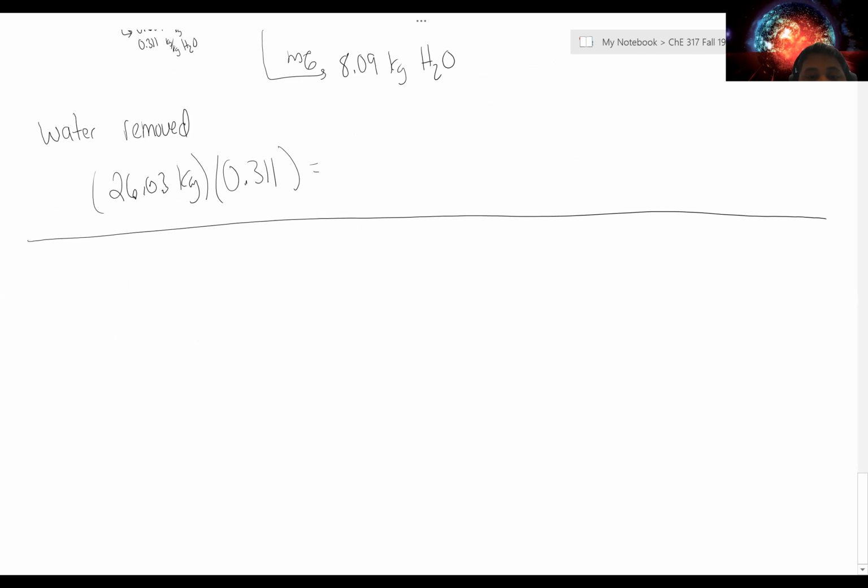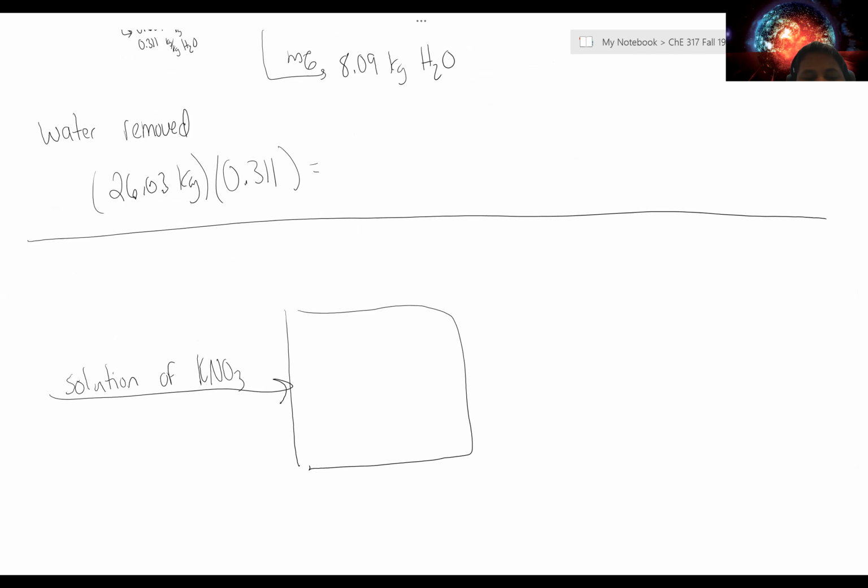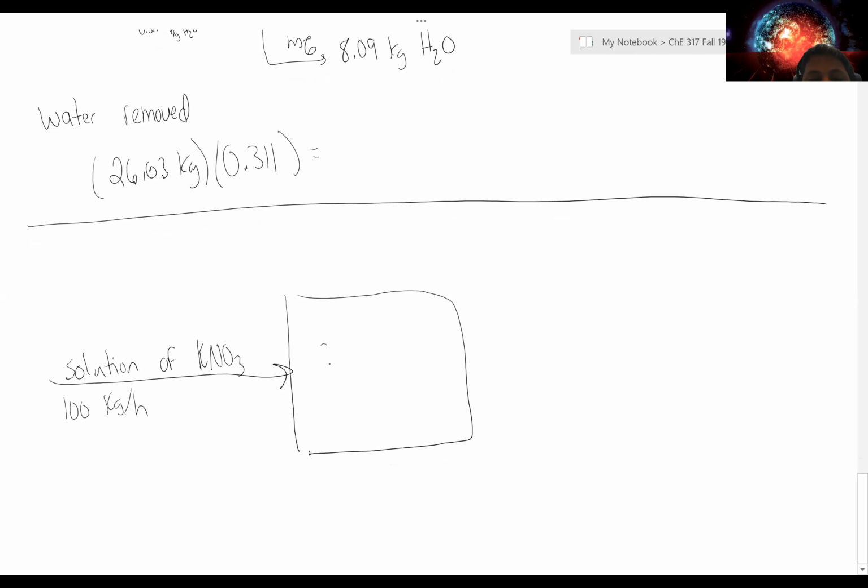So let's say I have a solution of potassium nitrate in water, and I'm going to put in 100 kilograms per hour into a crystallizer.